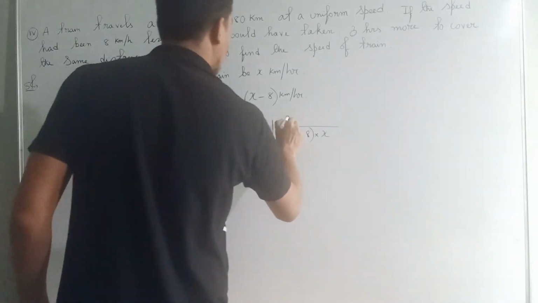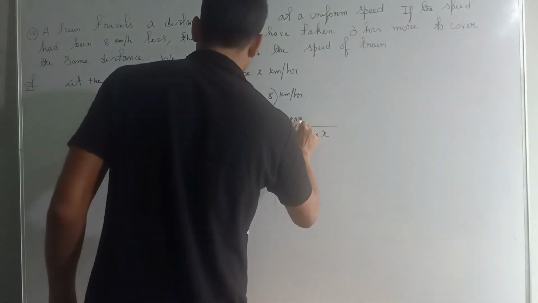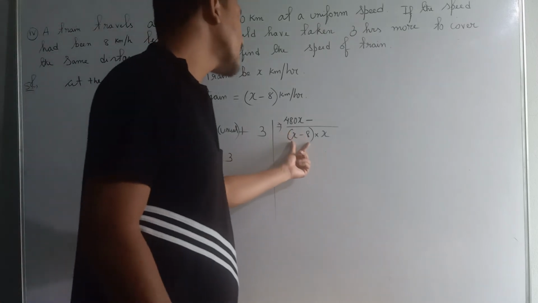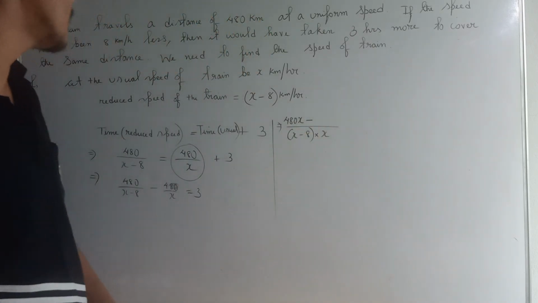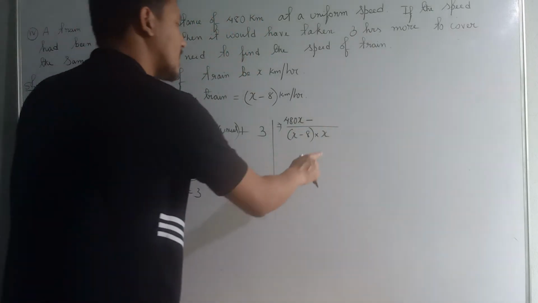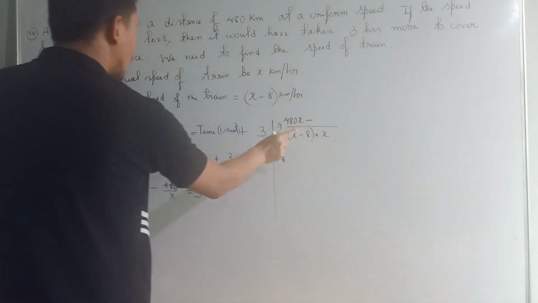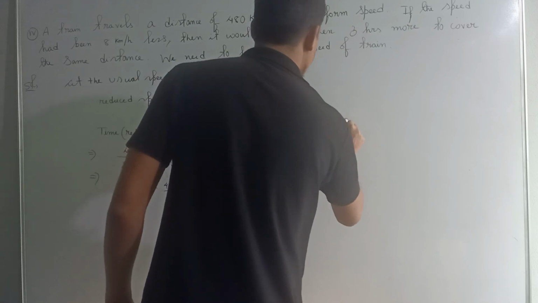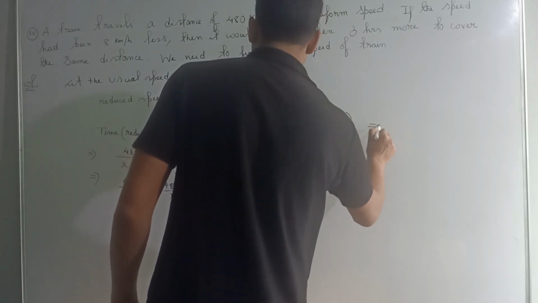So x times 480 is 480x. Minus, x minus 8 times x will now be divided by x, then x cancels out, so x minus 8 times 480. And on the other side we have 3.